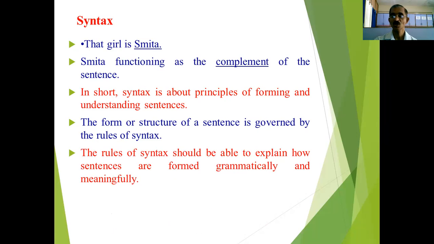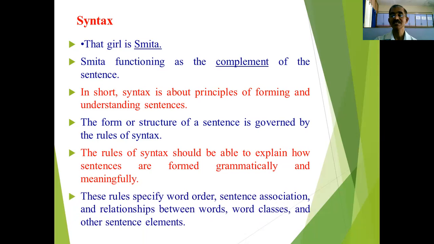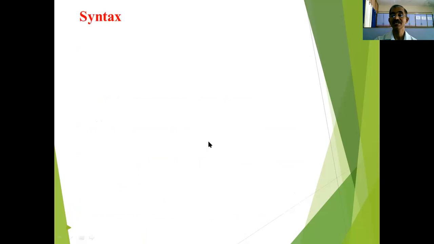These rules specify word order and sentence organization, and at the same time they specify the relationship between words, word classes, and other sentence elements.